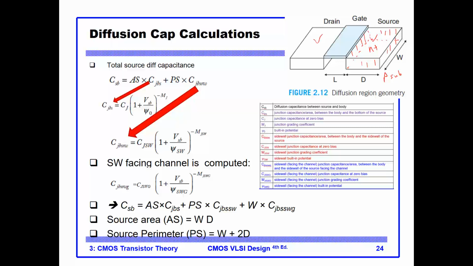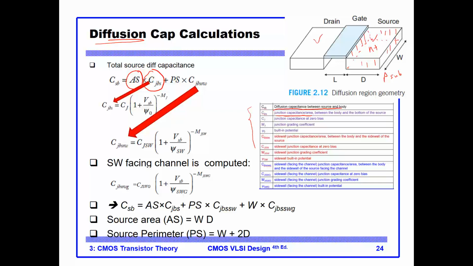All right, so how do we compute this? I have some terms clarified here. This is the diffusion capacitance between the source and the body, and you can compute it between the drain and the body as well. It is equal to the area of the source times this factor, which is called the junction capacitance per unit area.